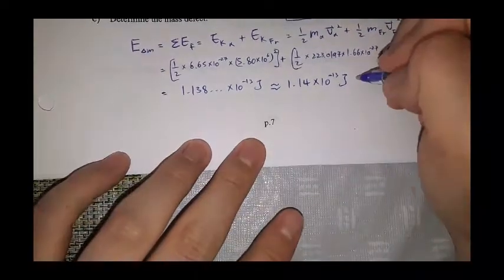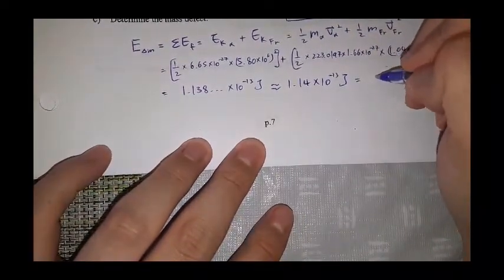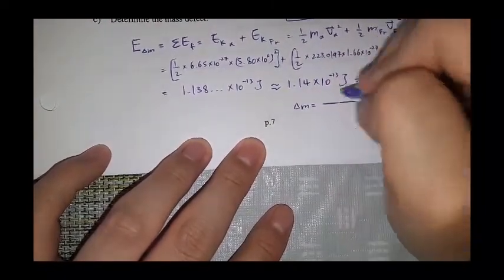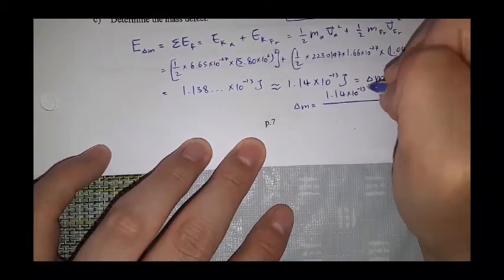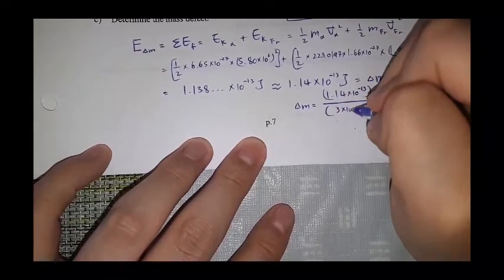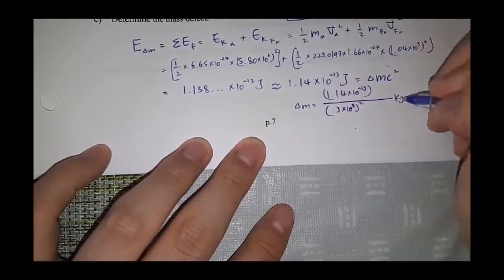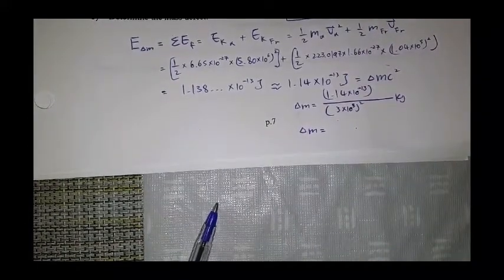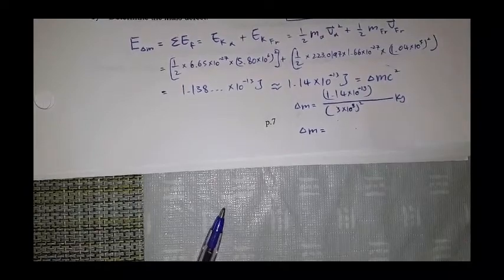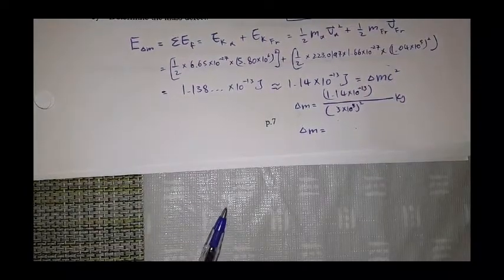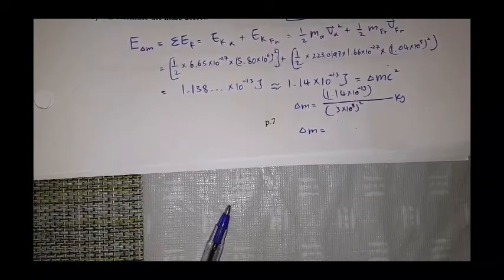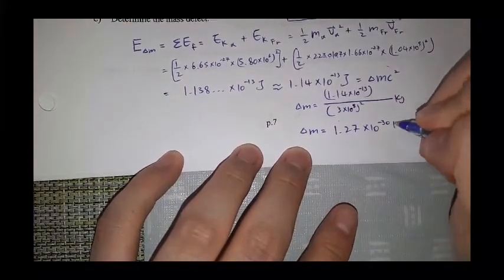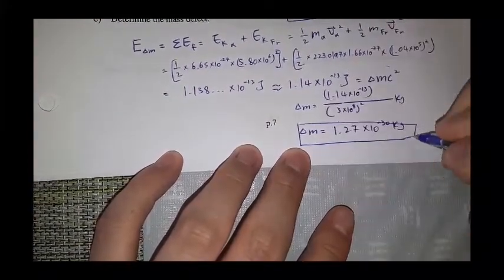And that is basically coming from our mass defect energy, delta m c squared. So delta m is equal to the energy divided by c squared, in kilograms. And for delta m, I can just punch those numbers in. 1.27 times 10 to the power of negative 30 kilograms is the mass defect.